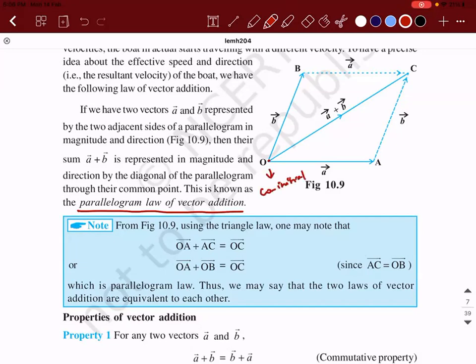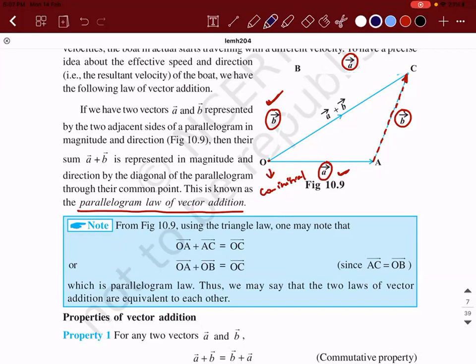So if you have co-initial vectors, then what I can say is, if there is A vector like this and B vector like this starting from point O, then I can always draw a vector which is parallel to B vector of the same magnitude. Then the name of that vector will be B vector. Similarly, for A vector, I can draw a vector which is parallel to it, which I call A vector. Then what will happen is, observe, if I cover this portion, right, then how is it looking now?